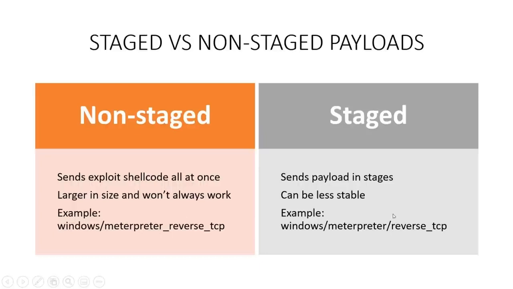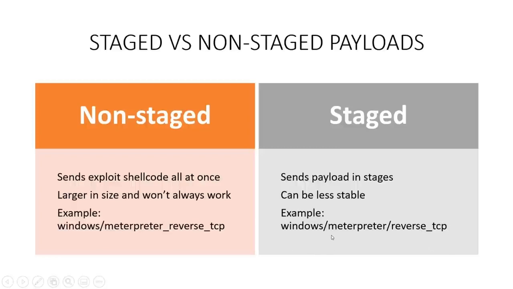So when we see these and we're using something like Metasploit and we have to pick out a payload, if we see something like Meterpreter_reverse_TCP, this identifies that this is a non-staged payload. We can ignore the Windows here. But here where we see Meterpreter/reverse_TCP, this means we have a staged payload.